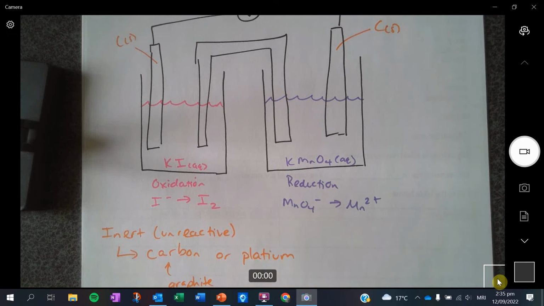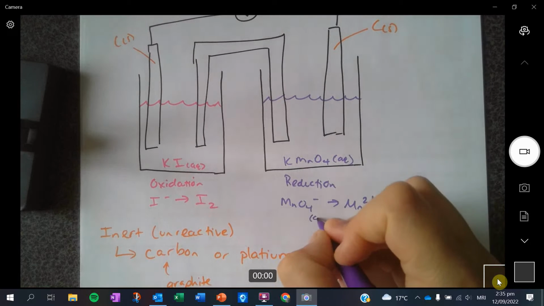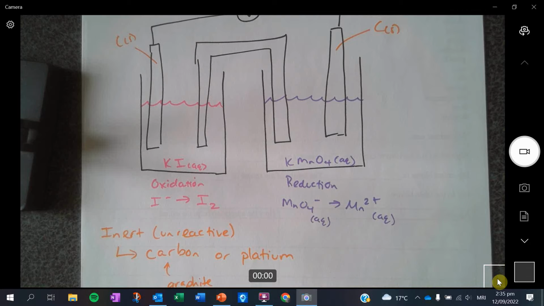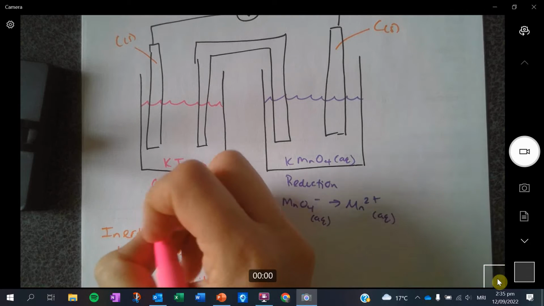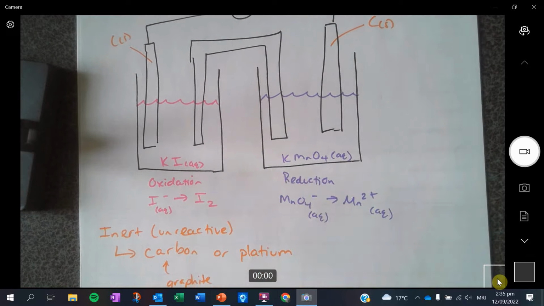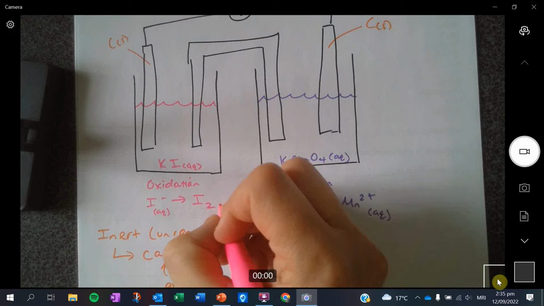So in this case, we have the permanganate, which is aqueous, and the manganese ion, which is also aqueous. And then we have iodide, which is aqueous as well. And iodine, which I think on my list I have listed as solid. Oh, no, I have it listed as aqueous. It depends on what you're reading. You could have aqueous.